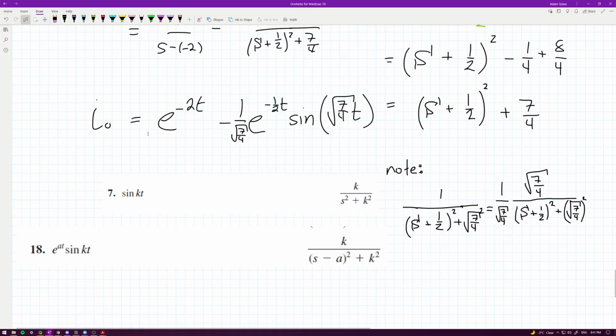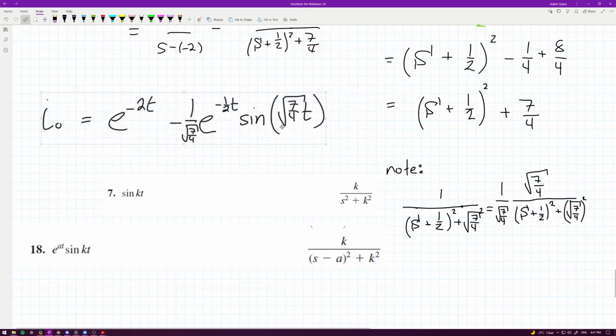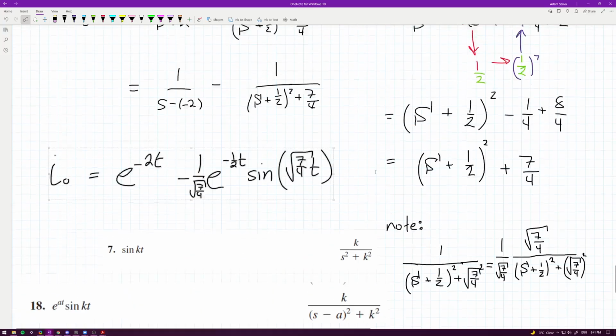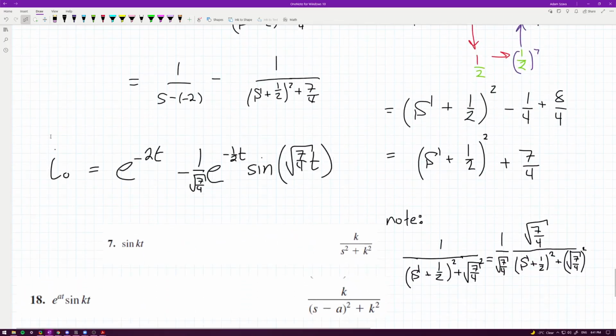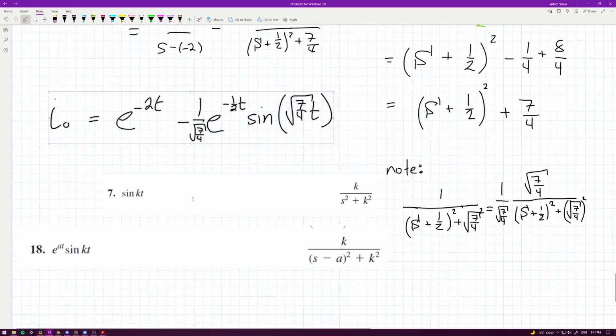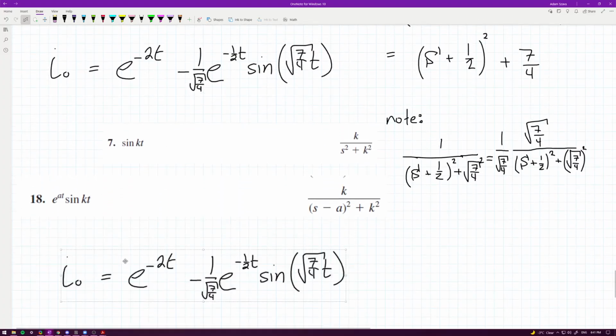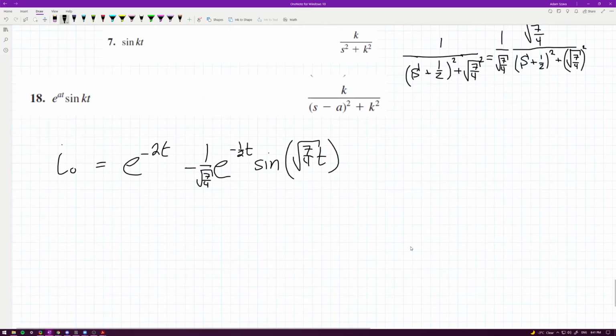Also, don't we technically need to multiply everything by U of t, because that's how they want it? Yeah, for sure. I see that people are saying that too. That's the end of the Laplace, and then we will add that at the end here. So the final answer for the actual question is essentially you just add the unit step function to everything, so you just multiply everything by U of t.